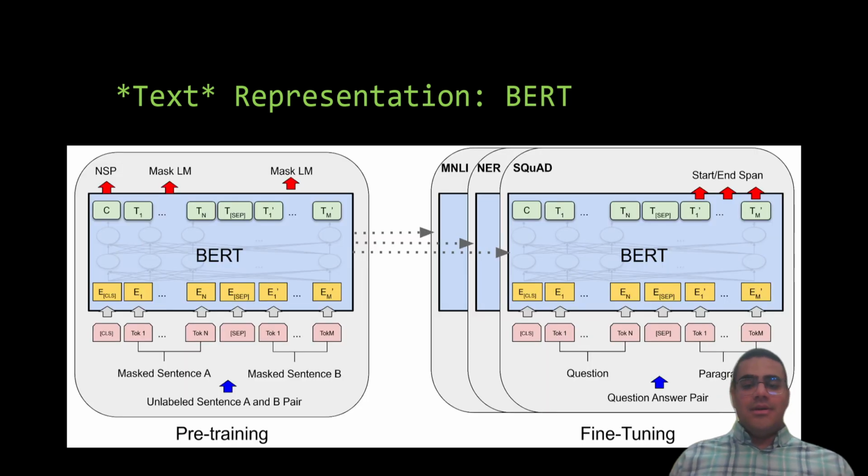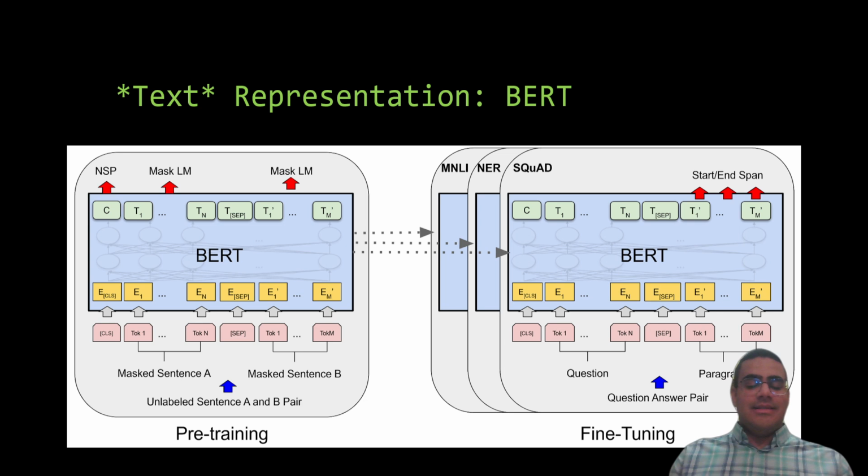Also, we can again use transformers for text representation. A very famous transformer model is BERT. With BERT, of course, we have two phases. The first phase is pre-training, and the next phase is fine-tuning. In pre-training, to train BERT we input the tokens of two sentences, and we expect BERT to perform two tasks.